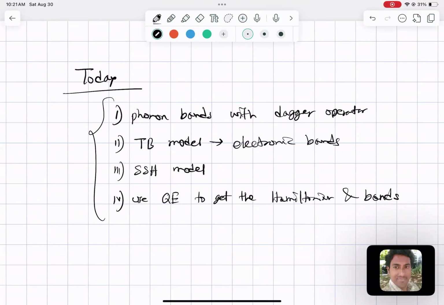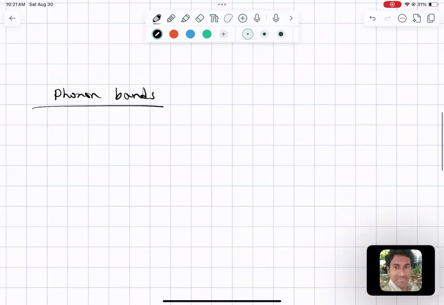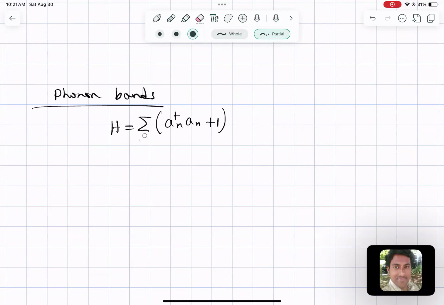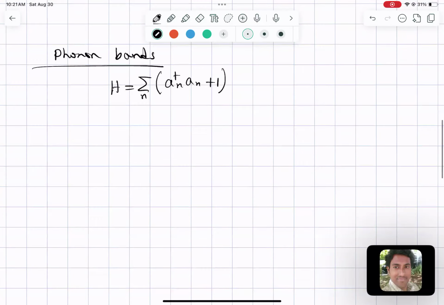And this is this model. So for phonon bands, if you remember, we had the Hamiltonian a dagger a plus 1, right? And some were n.